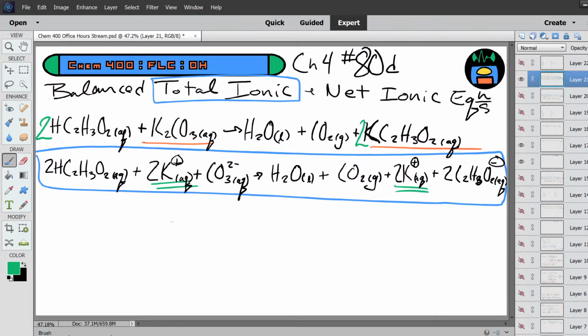Potassium is on both sides of this reaction unchanged, and it is the only spectator.